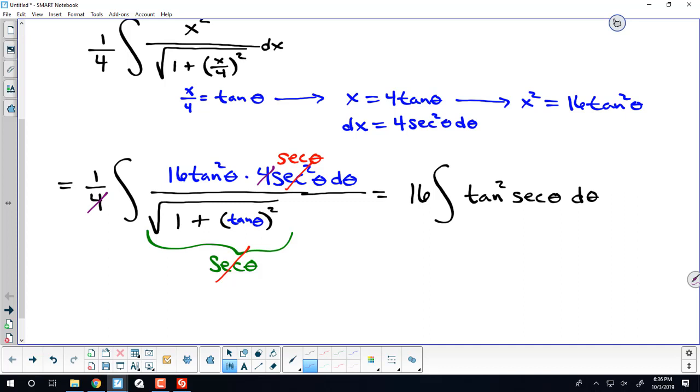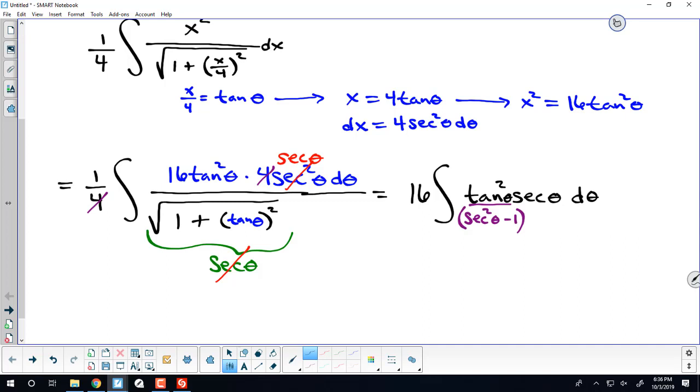Okay, so how do we integrate tangent squared secant? So the tangent squared can turn into secant squared minus 1. If we write tangent squared as secant squared minus 1, does that help us?